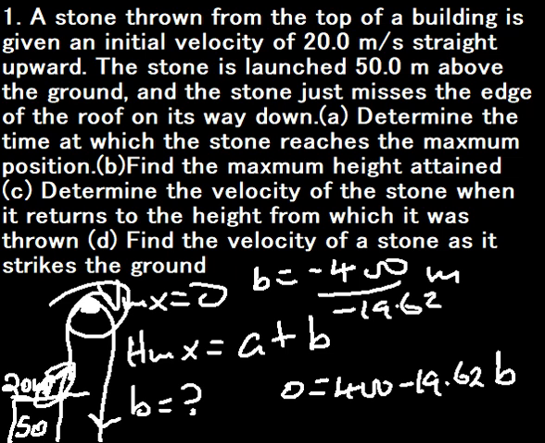So 400 divided by 19.62 would be given as 20.4 meters. So that's the height from the top of the building to the maximum position.